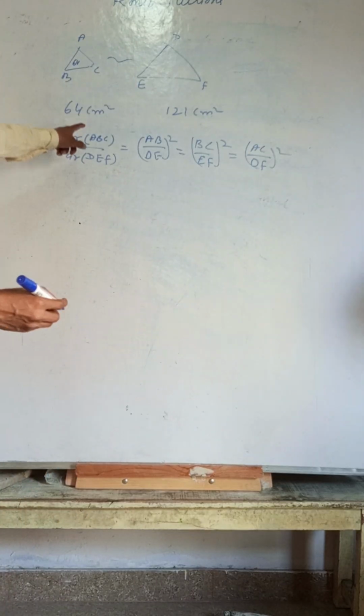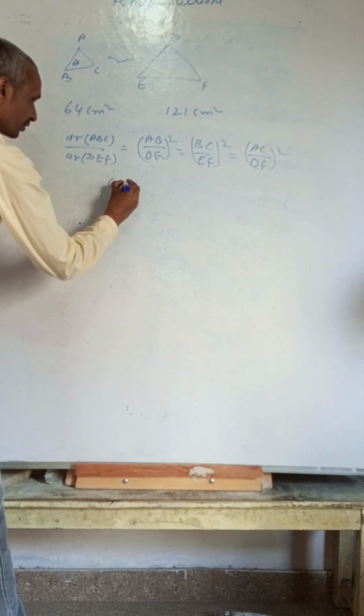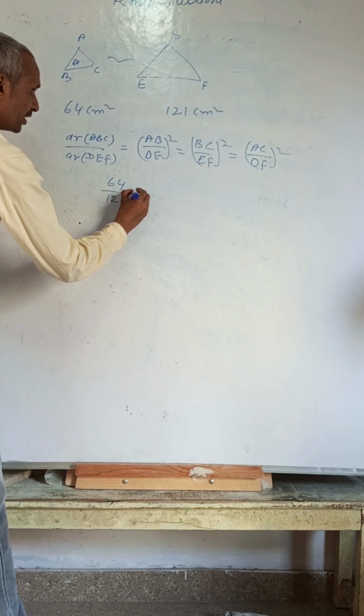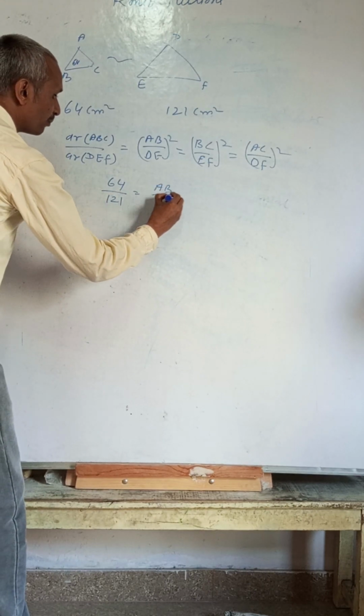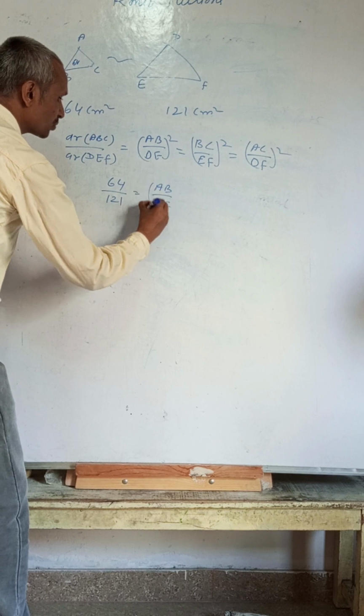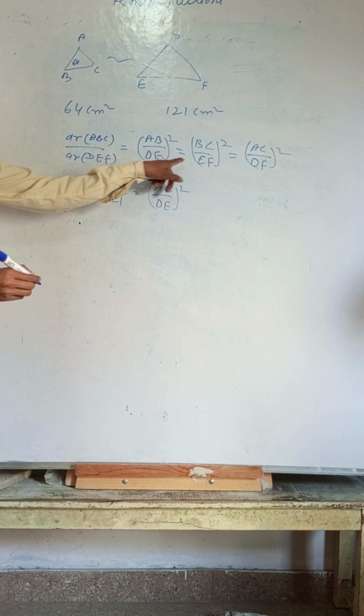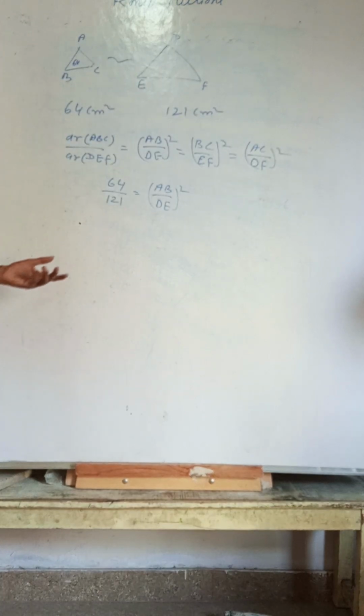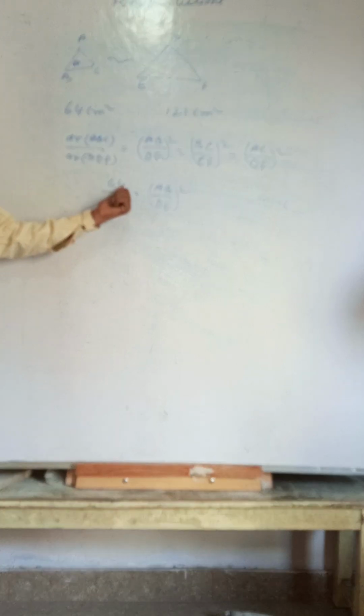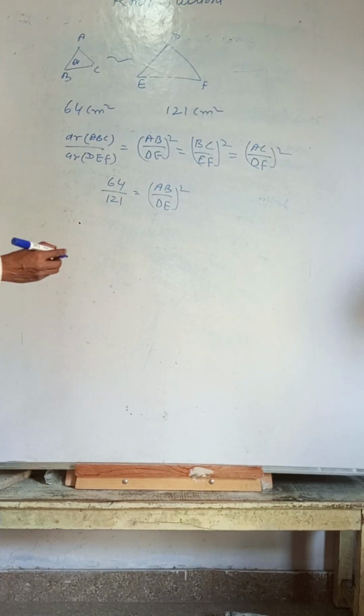The areas given: 64 by 121 is equal to AB by DE squared. Because of the equal signs everywhere, we can take any one. Now the square is there, so we have to take the root on both sides.